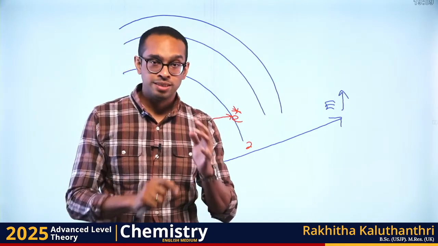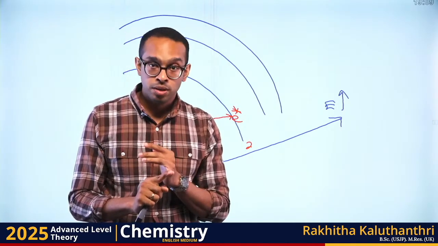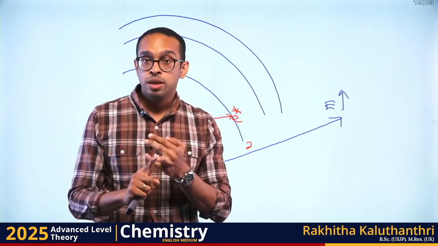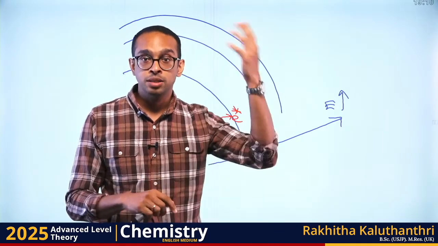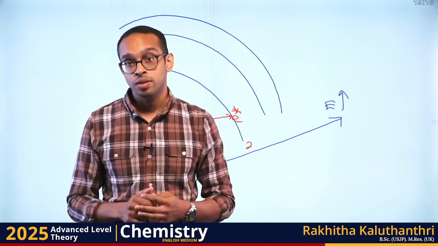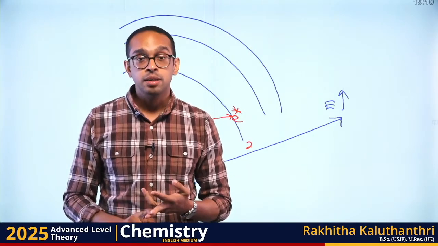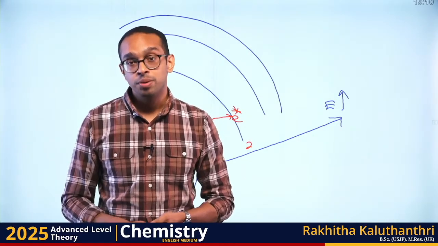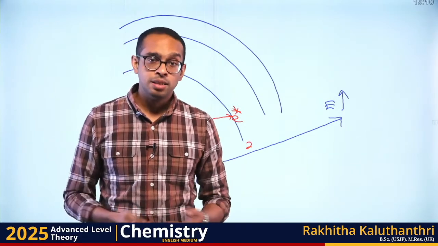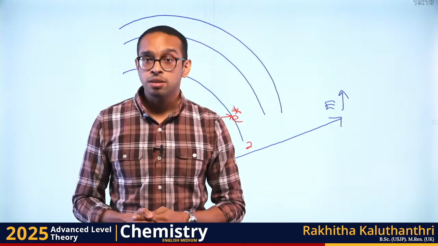So a few things: the excited state is temporary. To reach there you need to absorb energy and move out of the ground state. So the high energy state is going to have more energy than the ground state. And like I mentioned earlier, this is the second time I'm mentioning it, it is a very temporary stage because the excited state is going to be unstable.